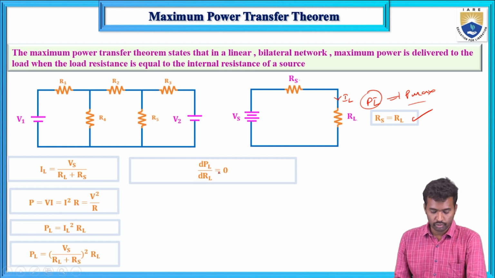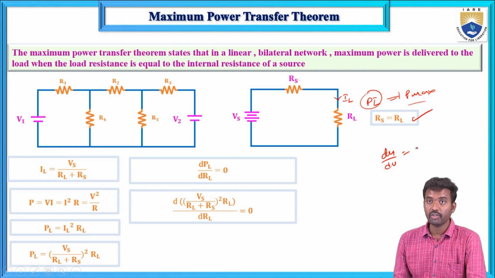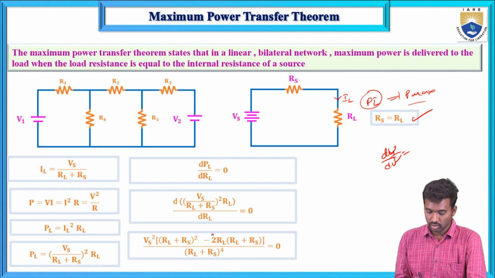Now PL equals Vs square divided by (RL plus Rs) whole square, into RL, differentiated with respect to RL. Here we have the u by v format, the derivative of u by v formula. Here, this one is Vs square into RL, divided by (Rs plus RL) whole square.